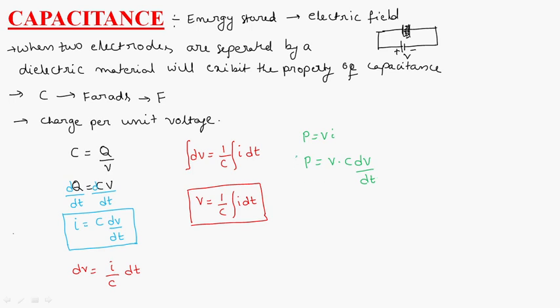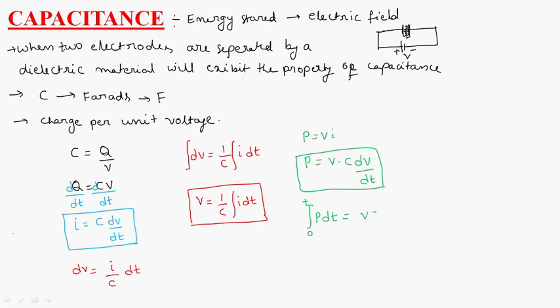So this is the formula for power. The amount of work done can be obtained by integrating the power on both sides with respect to t, and we will get the total amount of work done.